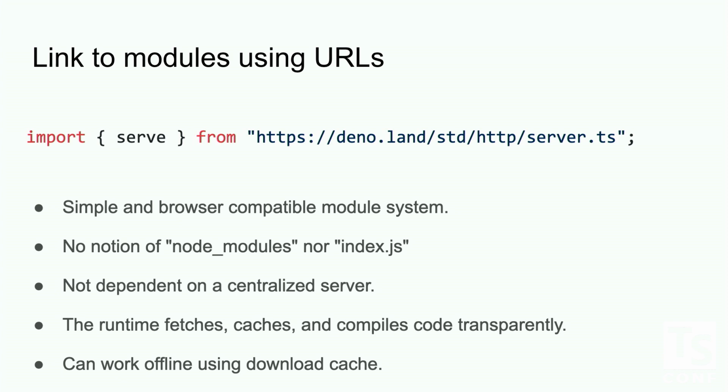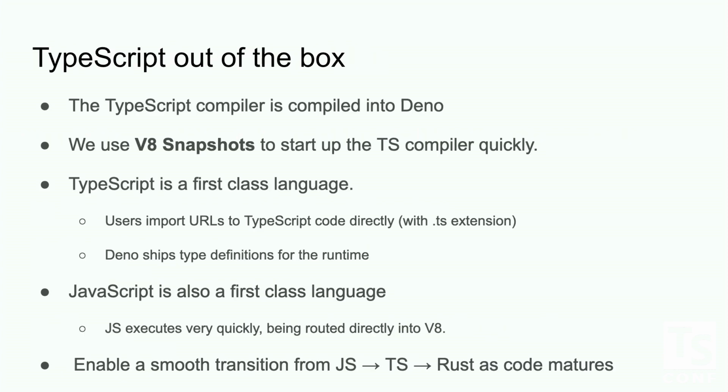On the first run, or you can do deno fetch, you can download and cache these dependencies. And the algorithm is that we never update that cache unless A, we're missing something in that cache, or B, you ask us to. So this scheme can work offline.